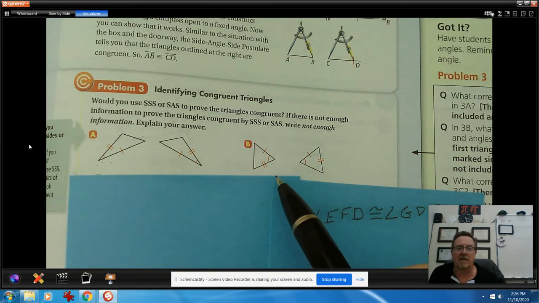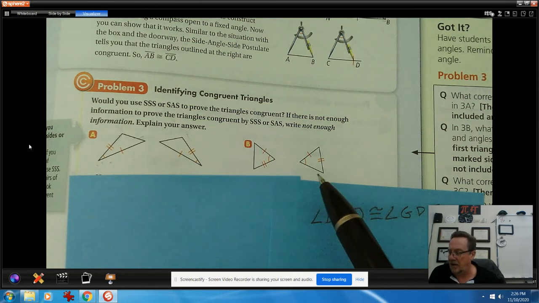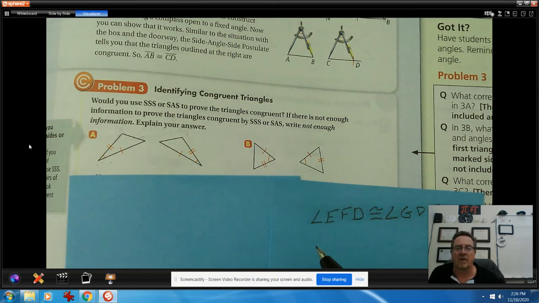Take a look at B. Is there enough information to show those triangles are congruent? Well, are they congruent by side, side, side? No. I don't have information on the third sides. This side and this side are not shown congruent. Can I use side, angle, side?